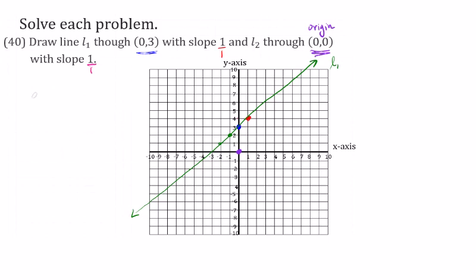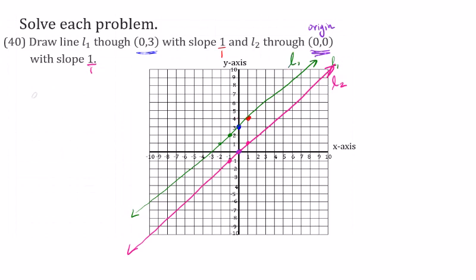So I can go up and right, or I can go down and left, either way. So now I'm going to connect the dots. My L1 is right on the line. So this is L2.